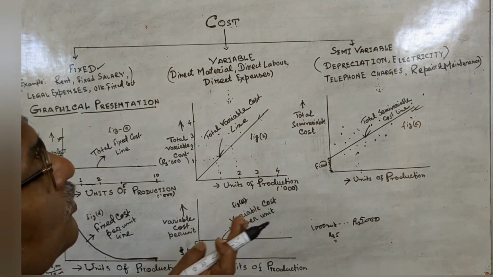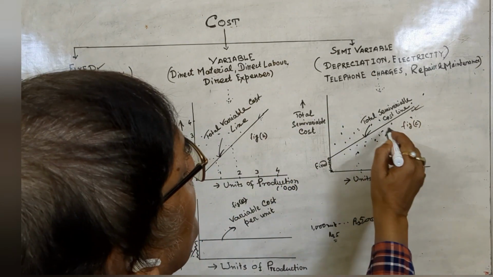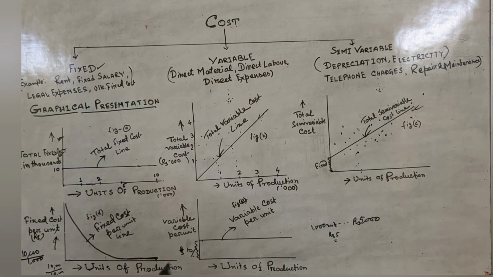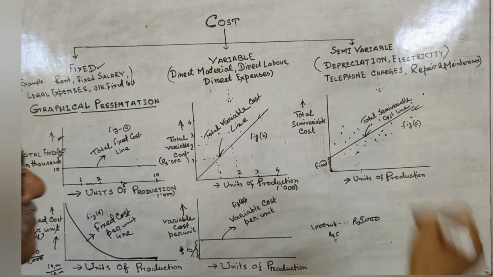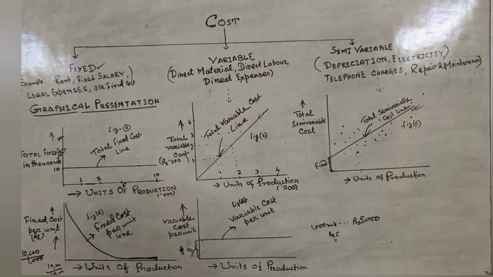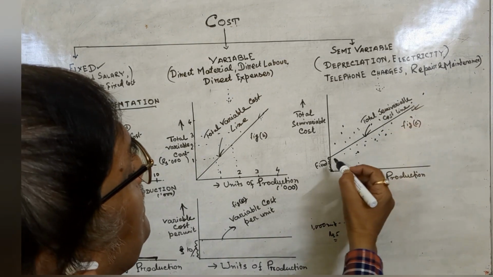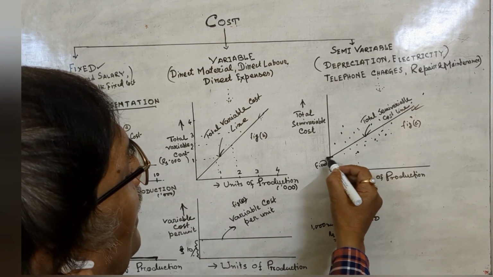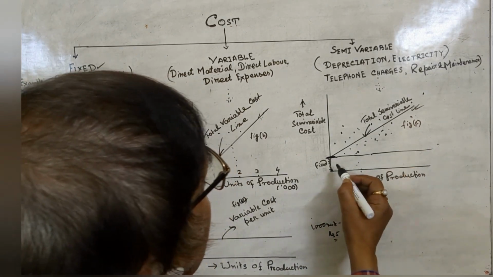That means you try to pass the line in between all these scattered points so that the total deviation will be minimum. Then this line will represent all these semi-variable costs. And from this line, it is very easy to identify that this portion of the cost is the fixed cost.